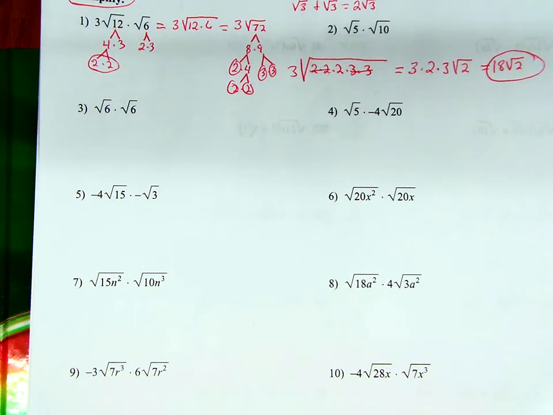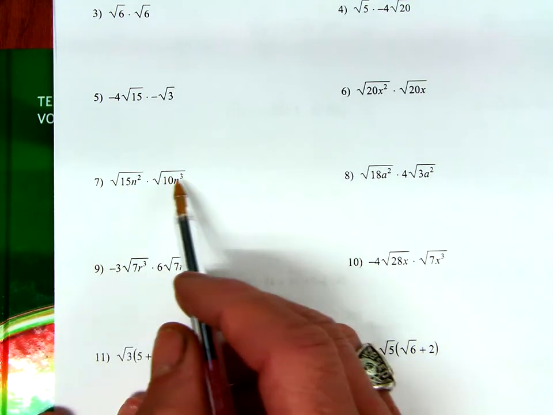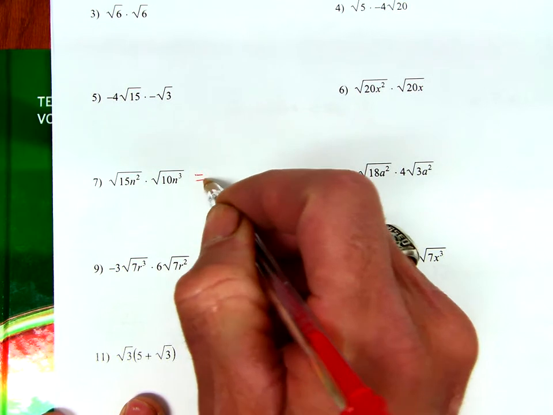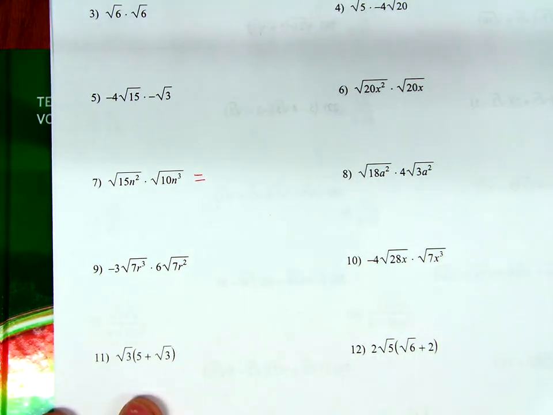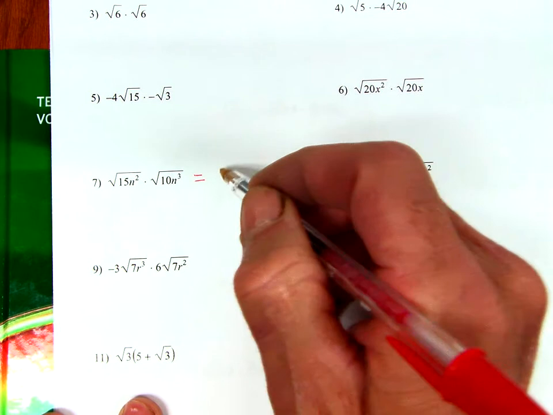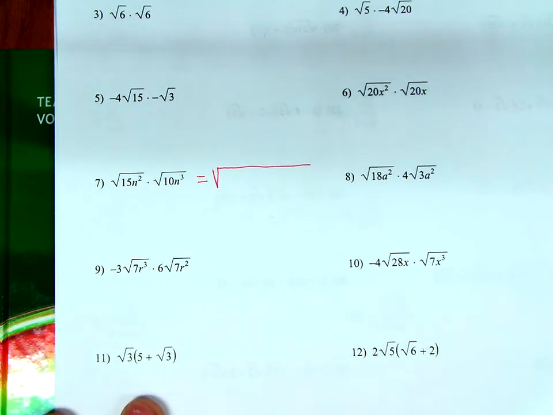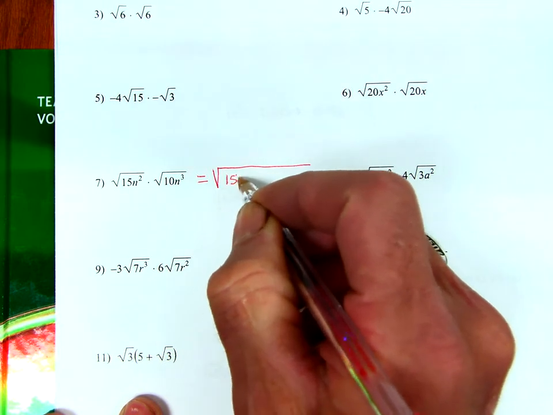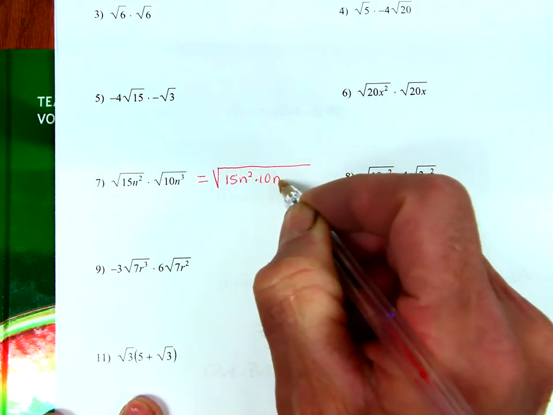Let's look at one that has exponents, like this one here. Alright, so let's see. I'm going to factor these somewhat as I do this. So I'm going to combine it all underneath one radical. So I have 15 n squared times 10 n to the third.